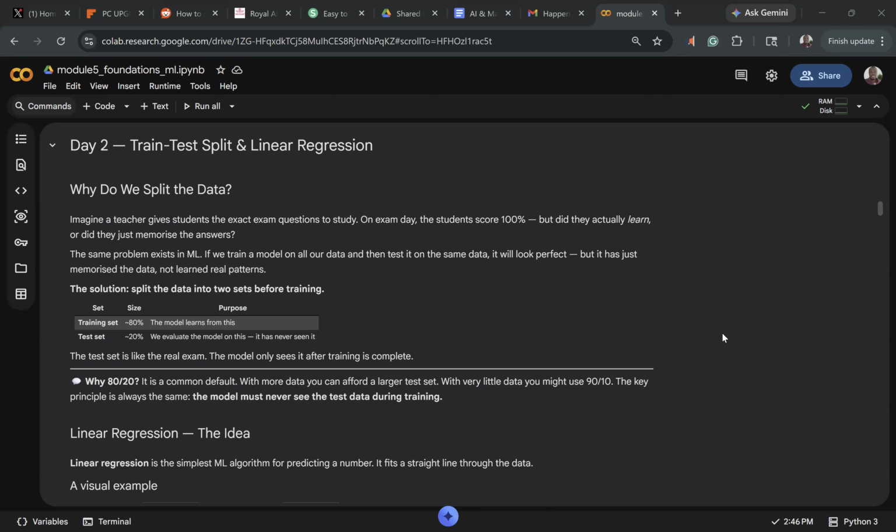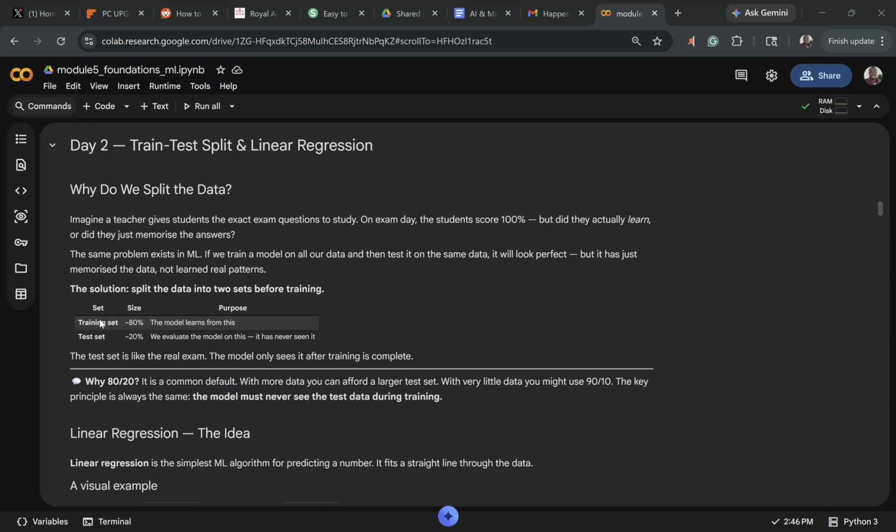So what can we do to solve this problem? That is where train and test split of our data set comes into play. We split the data into two sets before training.